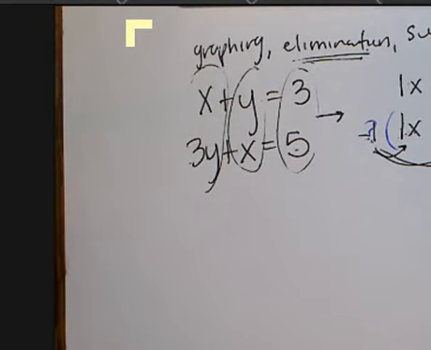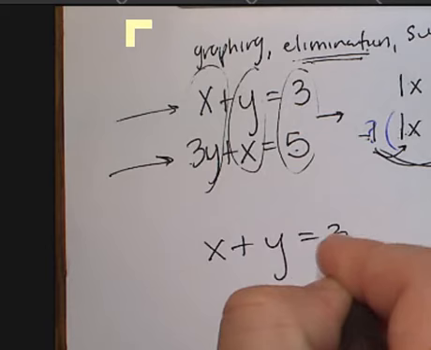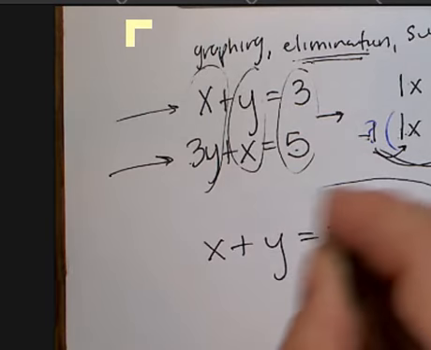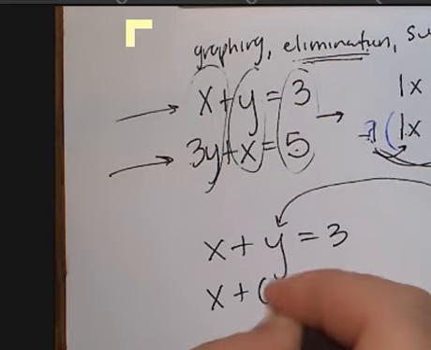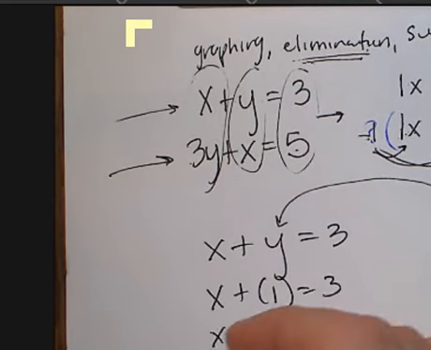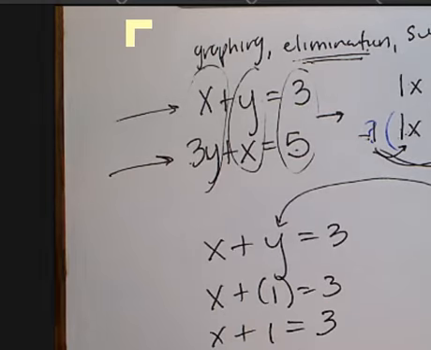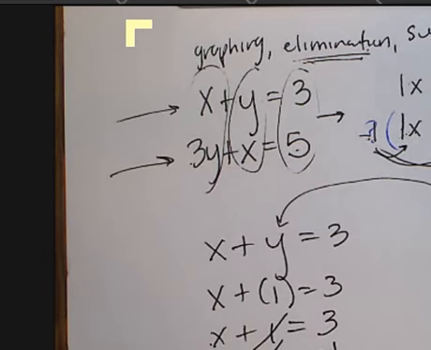So I'm going to rewrite the first equation, and now wherever I see a y, I substitute in the value 1. x plus 1 equals 3. To solve for x, subtract 1, and x equals 2. And we're going to write our official answer as an ordered pair, (2, 1).